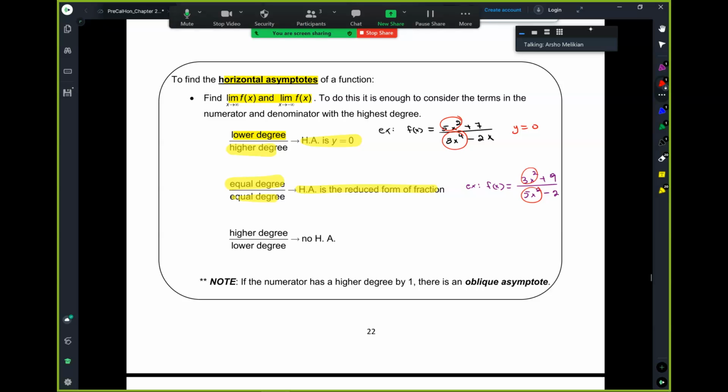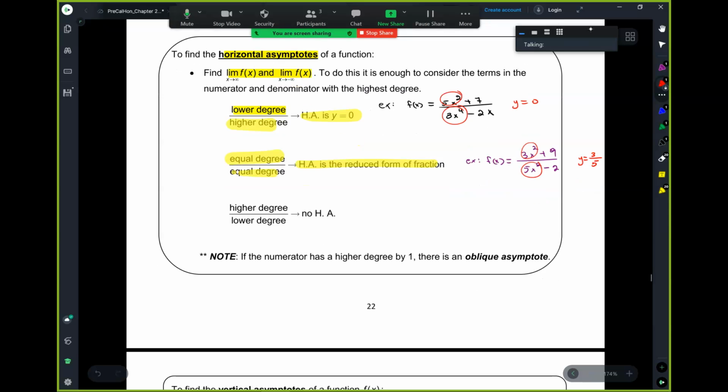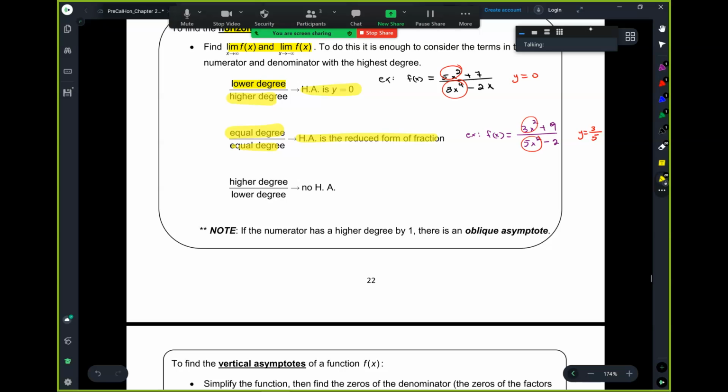Okay, x squared, same exponent. So the horizontal asymptote is just the ratio of the coefficients, 3 divided by 5. If you have to reduce, then you have to reduce. If there is a negative, then there is a negative. Let's say that for the first one, it was 5x to the third and x plus x squared. Do you have to add them up? No. Just take the highest degree. That's it.